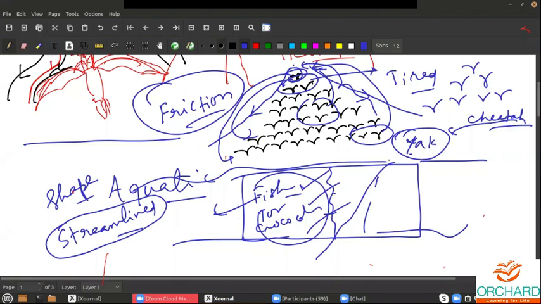But this yak, or even you can say some horse or a deer, anything that is trying to escape through this water, can that deer or yak or horse move fast in the water? Can these animals move fast in the water? No, they can move. Even a cheetah can move through water.